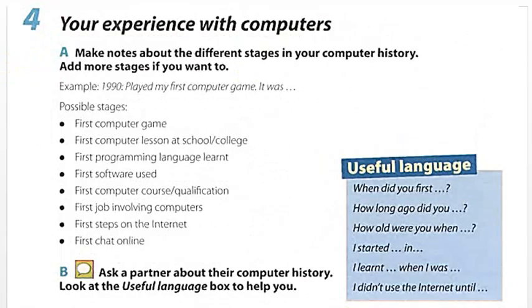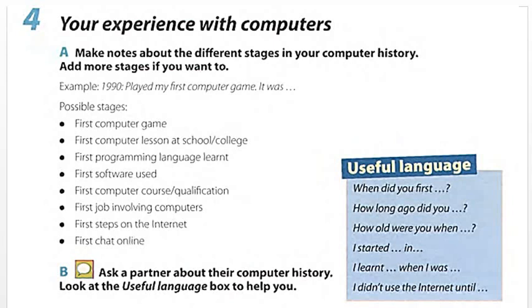Okay, your experience with computers. This is an assignment or homework. Make notes about the different stages in your computer history. Add more stages if you want. Okay, what are the stages? Sample: 1990, played my first computer game.